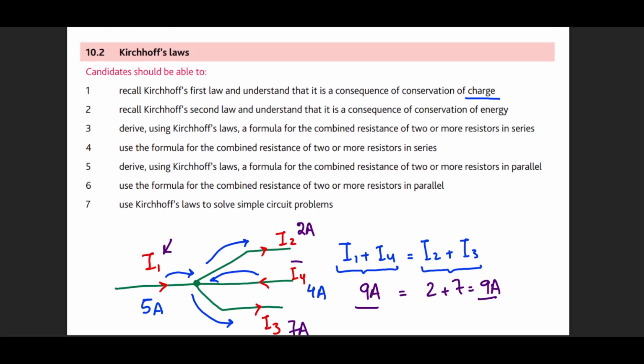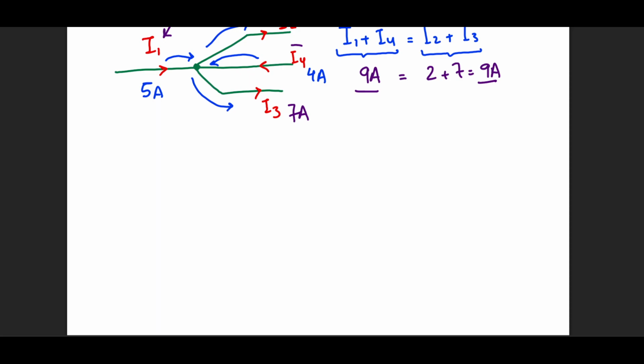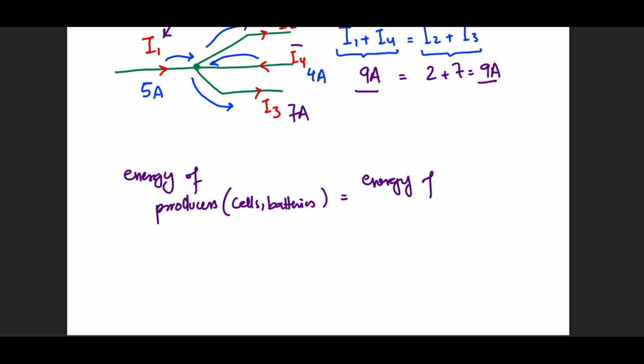Kirchhoff's second law is about energy, right? So it's a consequence of conservation of energy. What he's trying to tell you, simply put, is that the energy of producers, who are the producers, cells or batteries, is equal to the energy of consumers.